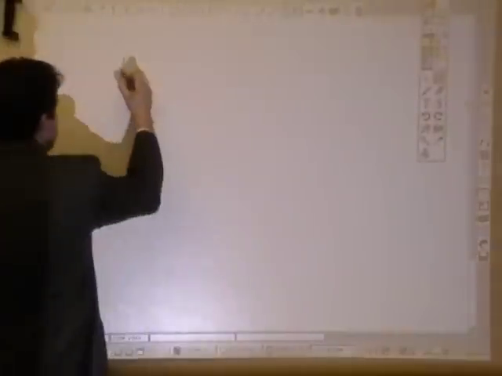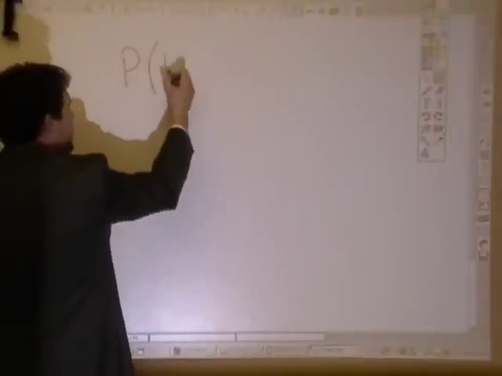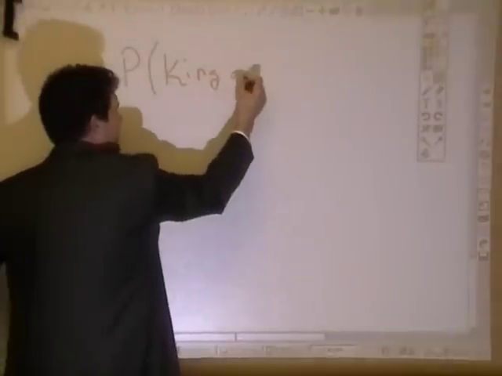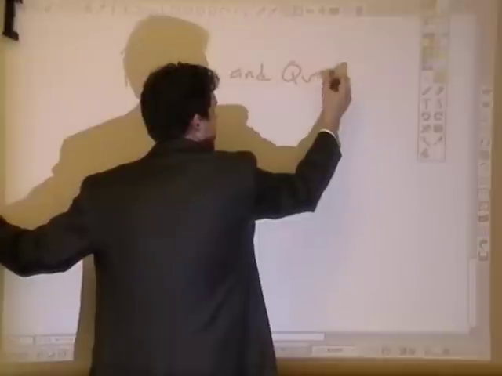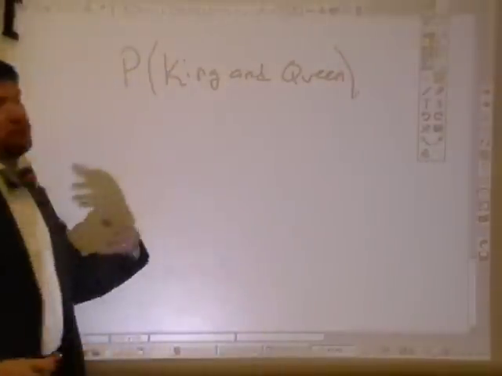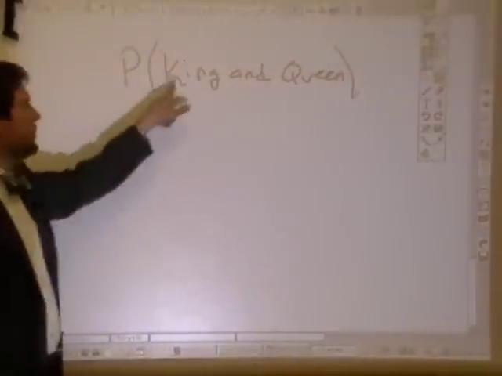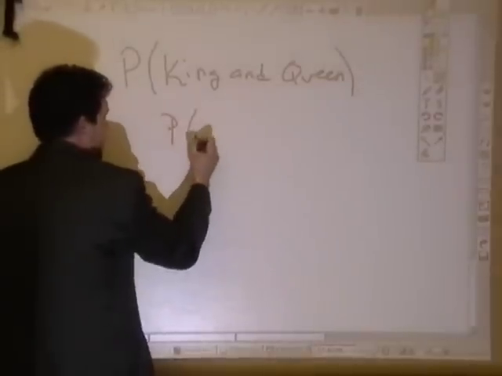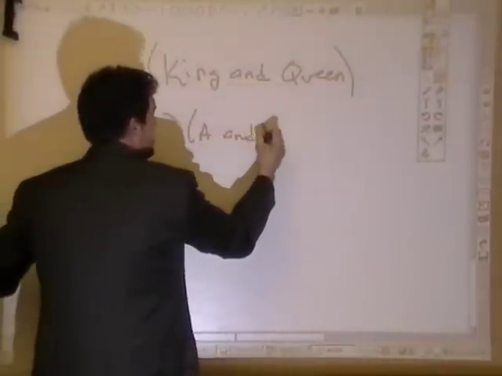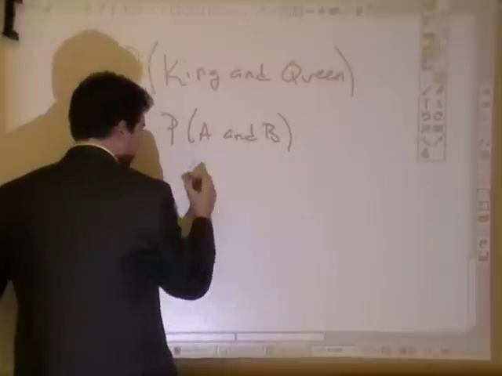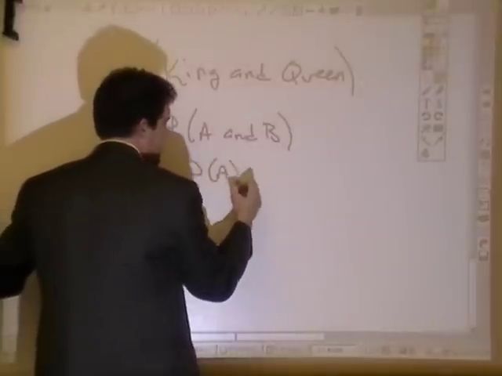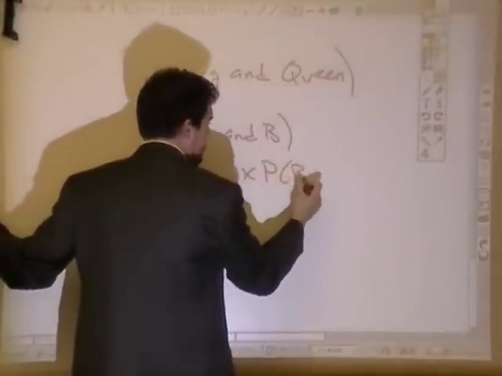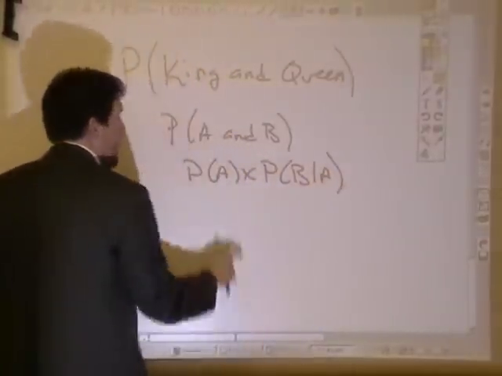What's the probability that I draw a king and then I draw a queen? That's what the question is asking. Probability of A and B. So the probability of A and B is equal to the probability of A times the probability of B given that A has happened.